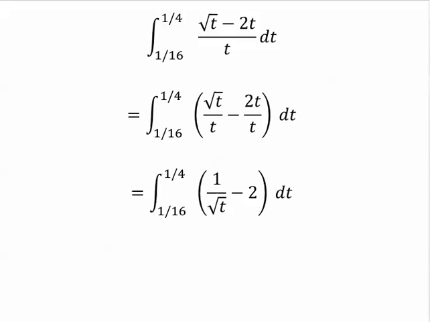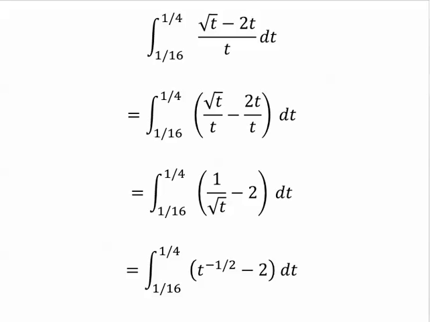And then I simplify each quotient. Now I want to be able to use the power rule. So I'm going to rewrite 1 over radical t as t to the negative 1/2. By doing that, I can find the antiderivative using the power rule.